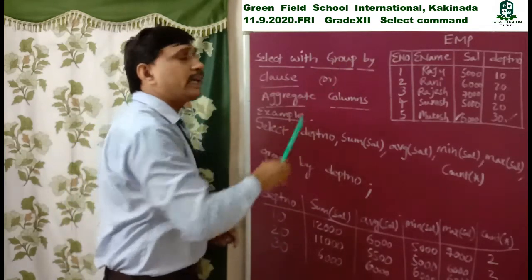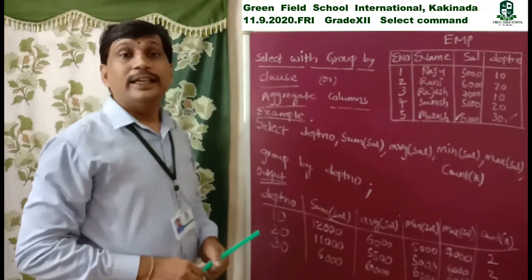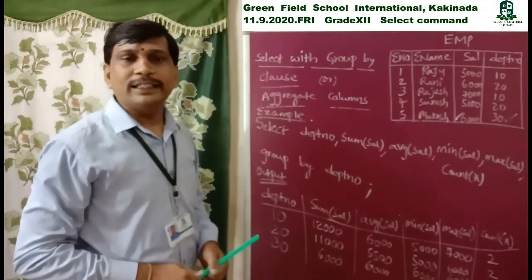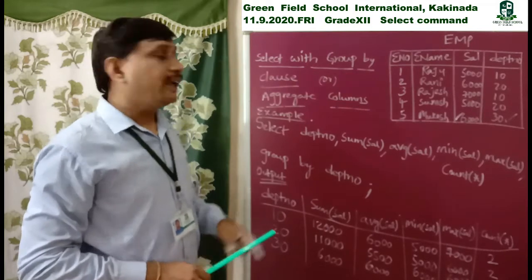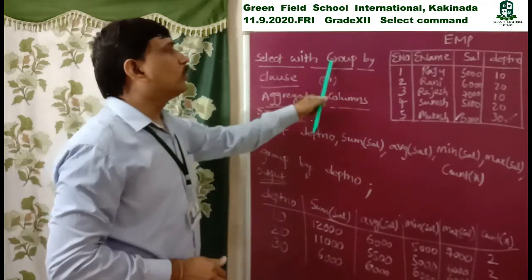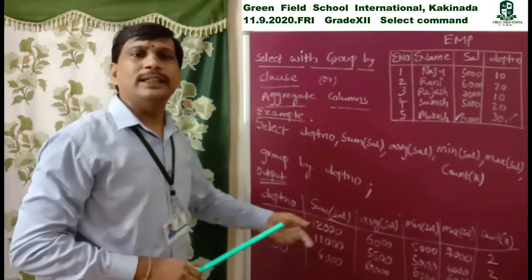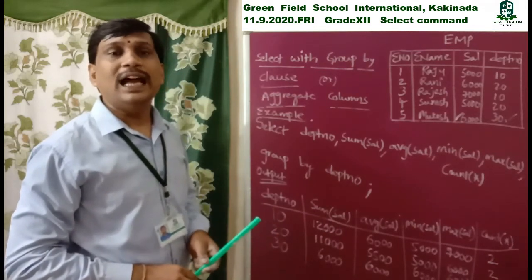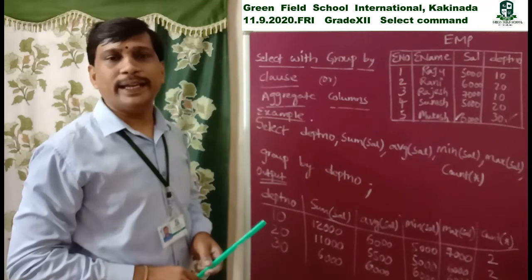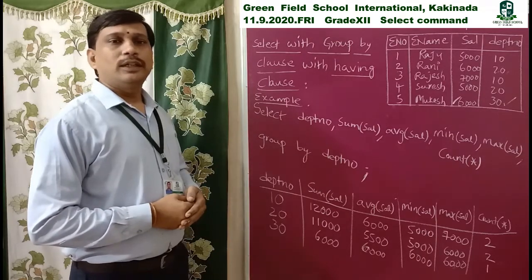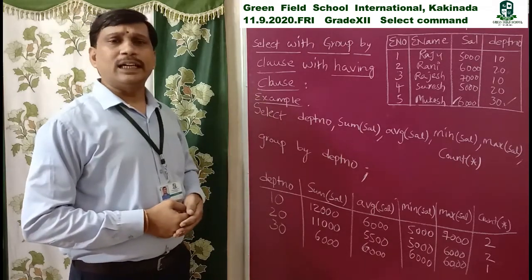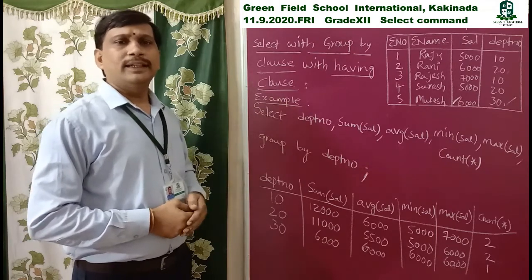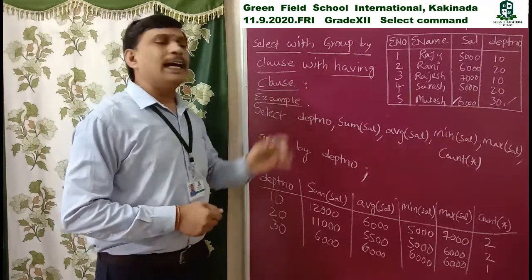Here I am not applying any having clause. Up to now we discussed only aggregate columns and group by. Next, in the next example, I explain the concept of group by with the having clause.